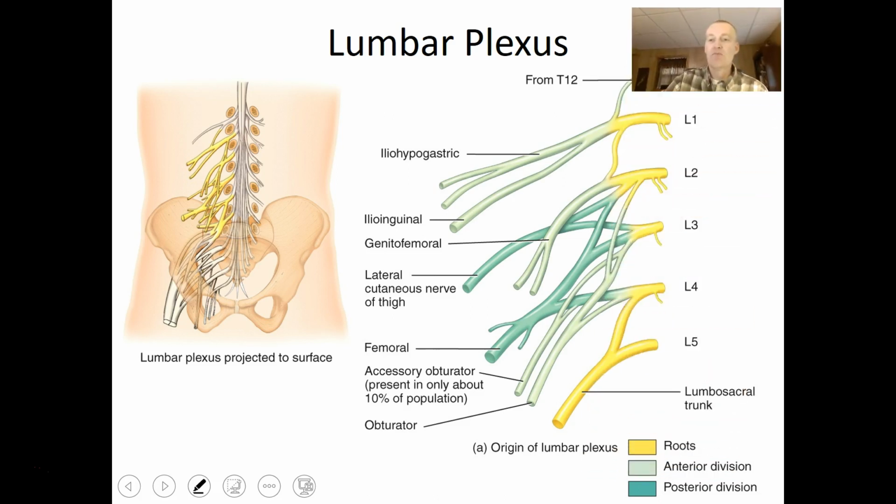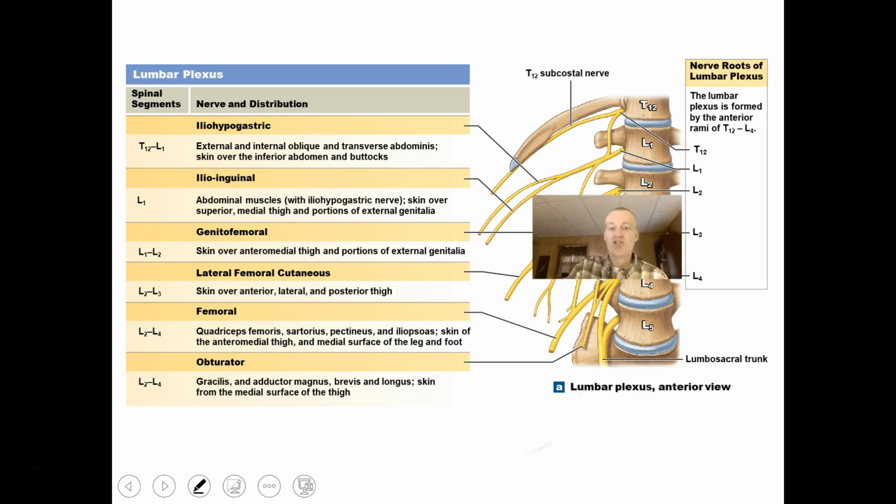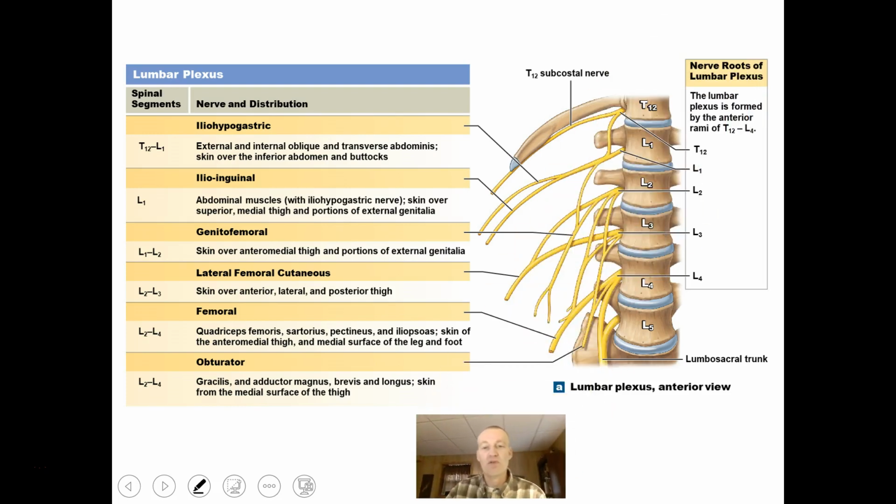The lumbar plexus, again, services the lumbar, the sacral, and the leg regions. There's lots of complex muscles there, and that's why we have all these nerves. And again, they're organized into roots and divisions and nerves and such. And this is just showing you some of the cool nerves coming off your lumbar region and some of the areas that they serve over there.